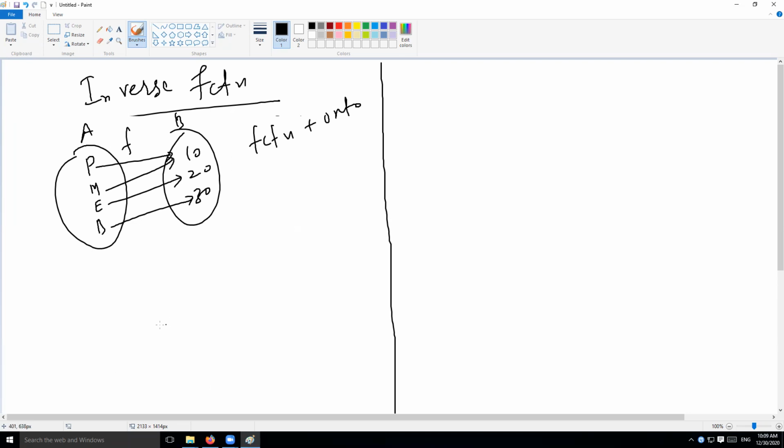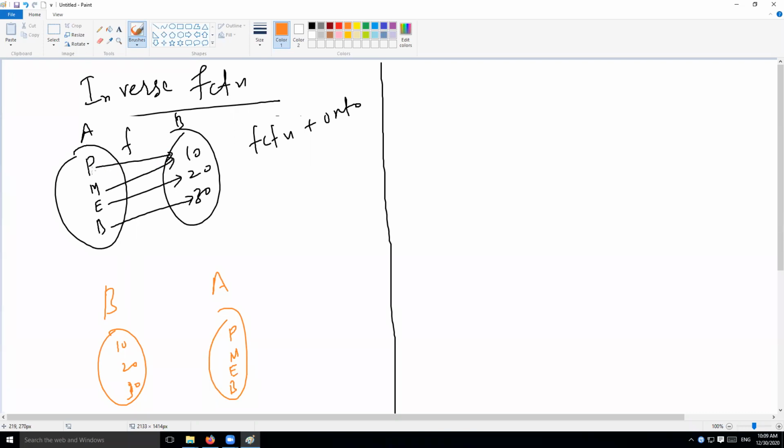So now imagine that if I put B here and A here and keep the assignments the same. So in other words, I put 10, 20, and 30, and I put P, M, E, and B actually. And I keep the same assignments.